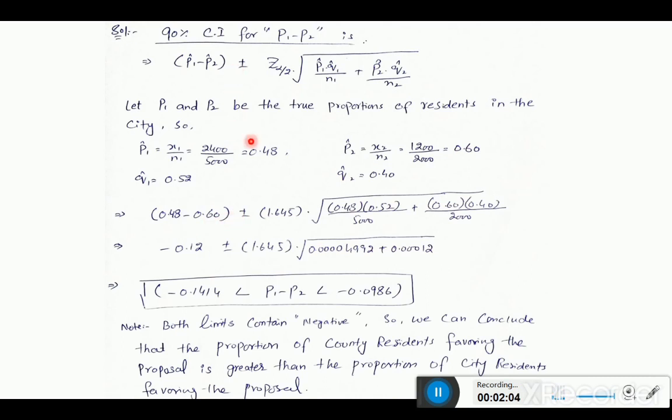Plus minus Z alpha by 2. For 90%, get the value from the table and you will get 1.645, under the root.